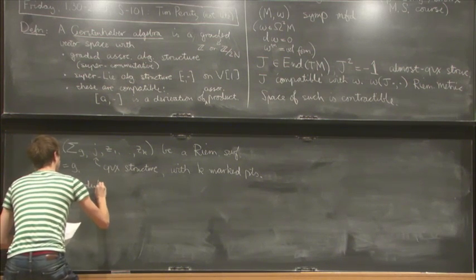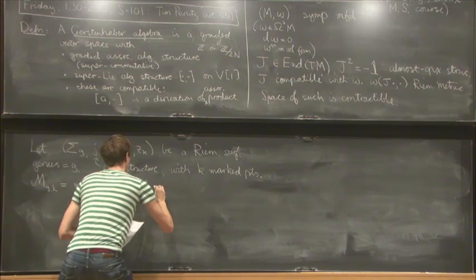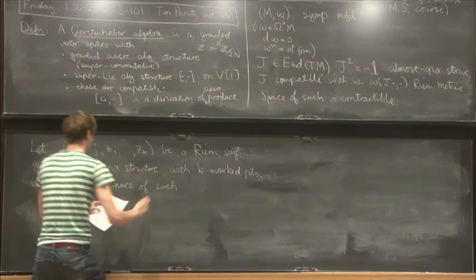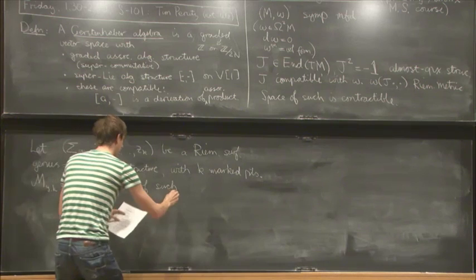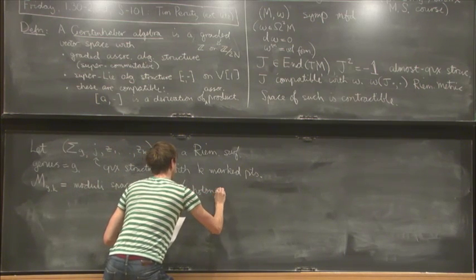Define the moduli space of such things up to biholomorphism preserving marked points.